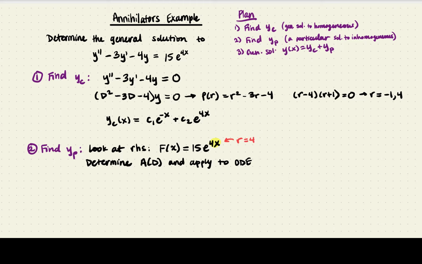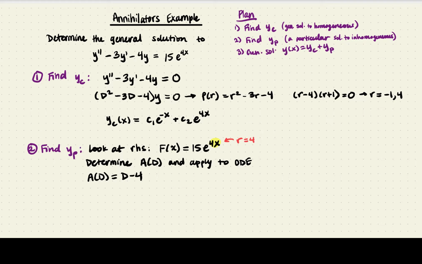So that tells us that our annihilator, A of D, is equal to D minus 4, because this operator is associated with the polynomial r minus 4, and that has the root 4, so it would have given us this right-hand side, e to the 4x. It would have given us that as a solution. All right, we've got our annihilator.